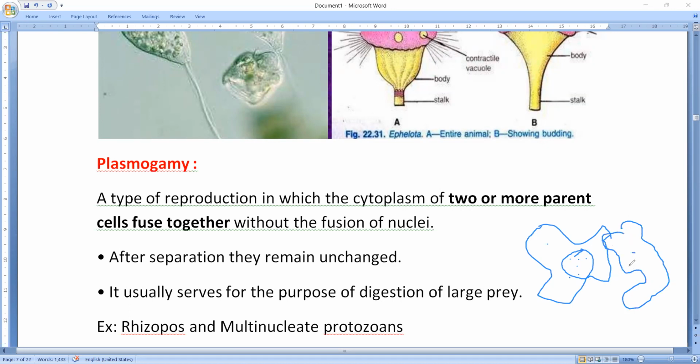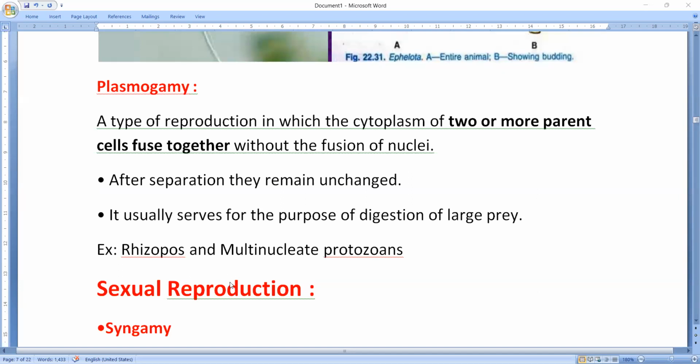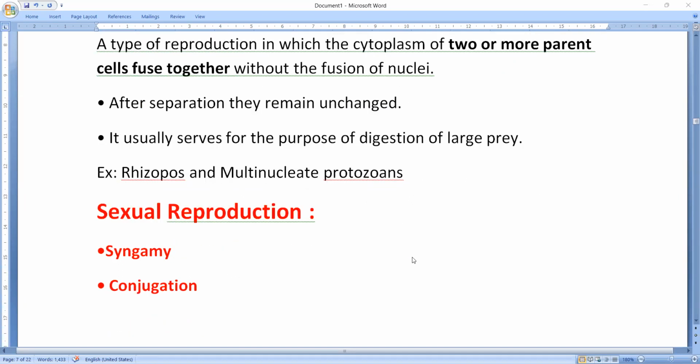So both are fused. Okay. So both are fused, and after digestion they are separate simply. So that is about the plasmogamy. Okay. So example is multinucleate protozoans.